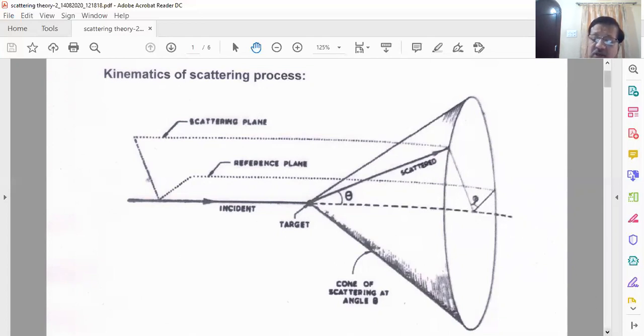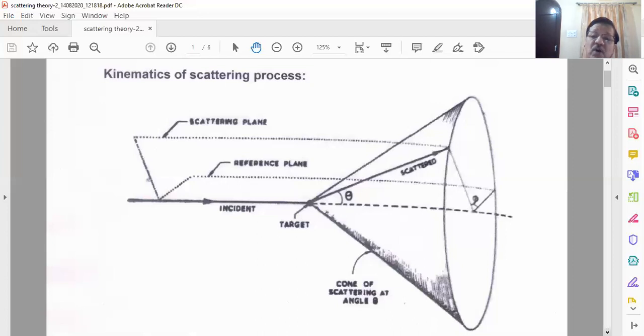Today we want to understand the scattering amplitude. Generally, the scattering amplitude gives you the probability of scattering in a given direction, or in a desired direction, I would say. This scattering amplitude is somehow related with the differential scattering cross section.